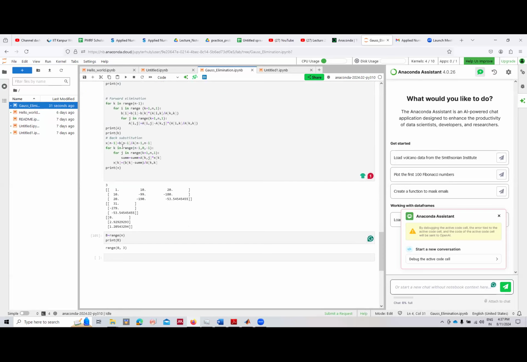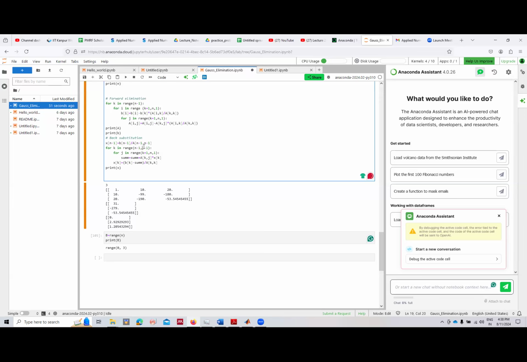So the error here is range. Okay, the error is range. If I write range, start comma end comma the step. In this case range starts from this value, but it does not include this 0. So I want to include this 0.